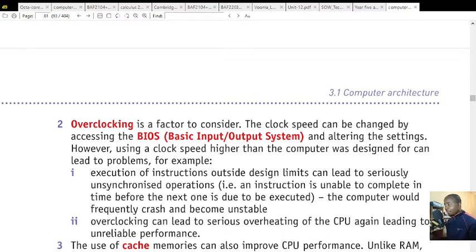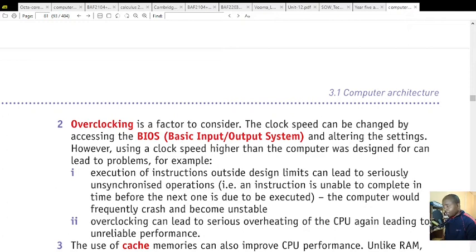Yeah, this is a factor that must be considered. Generally, you can go to your computer BIOS and alter the setting to improve the speed, but that one can interfere with the performance of the computer.